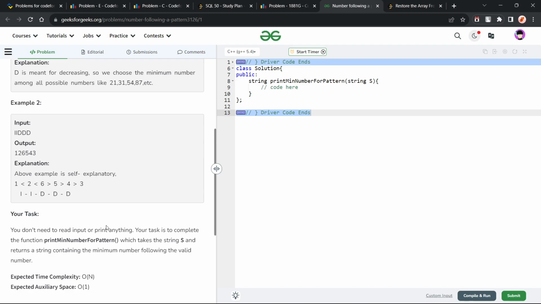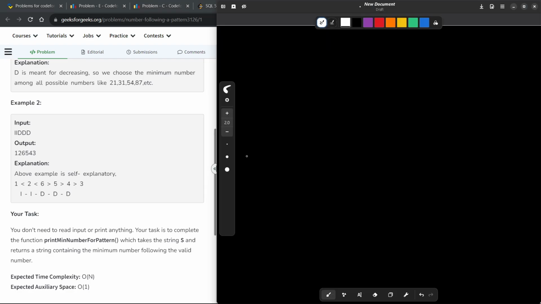Okay, so I got what they're trying to say. So essentially we have been given a string consisting of I and D. So I stands for increasing and D stands for decreasing. If this is of length n, we have to find a permutation of length n plus 1 such that, for example, the first number will be at this position, the second number should be greater than the first number, then the third number should be greater than the second number, and so on.